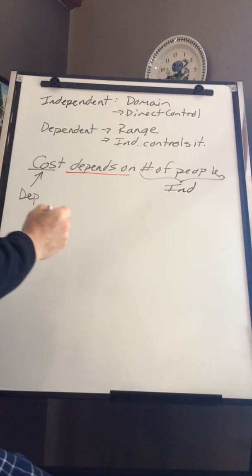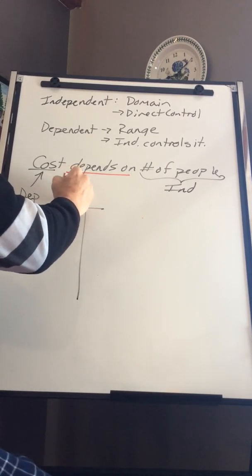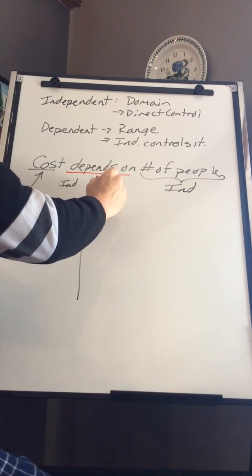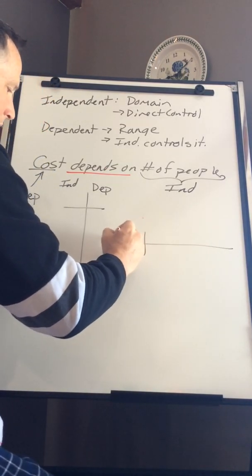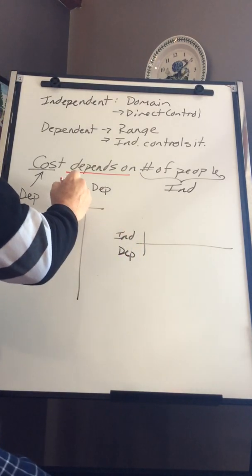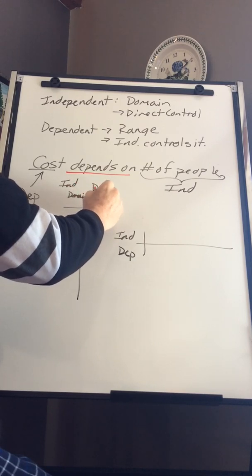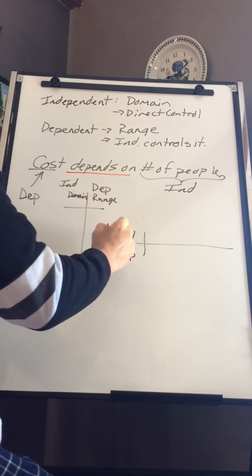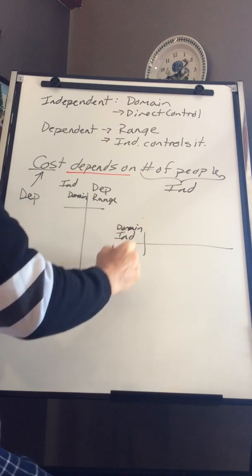You can also think of it this way. If I have a table of values, this is always my independent, this is always my dependent. If the table of values goes like this, independent, dependent, which also means this is my domain, this is my range. Domain, range.